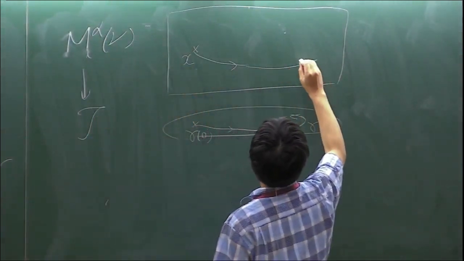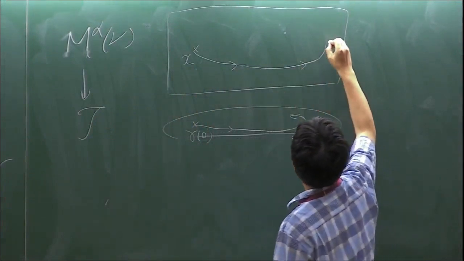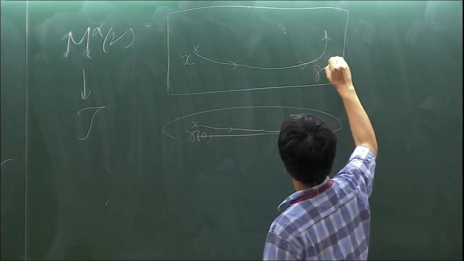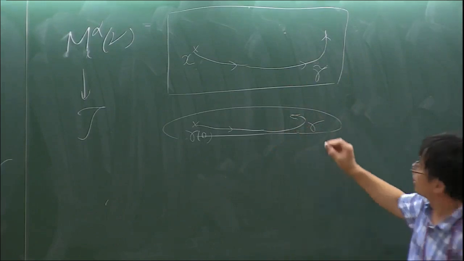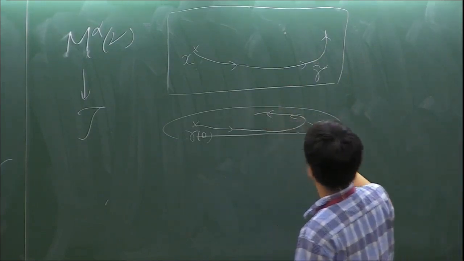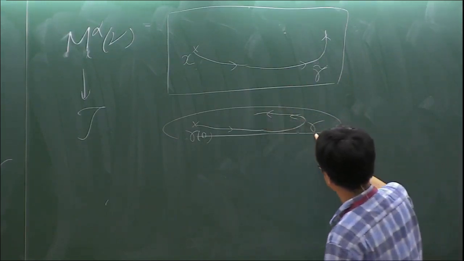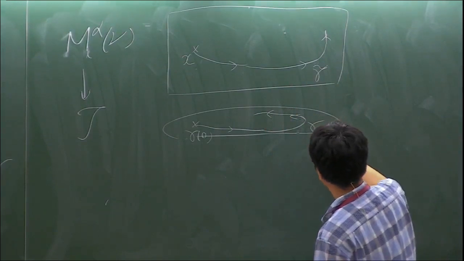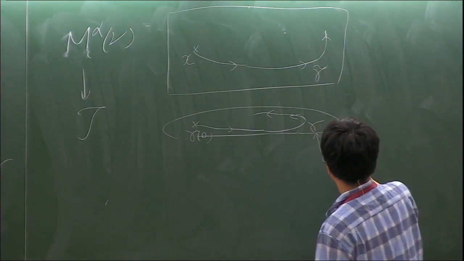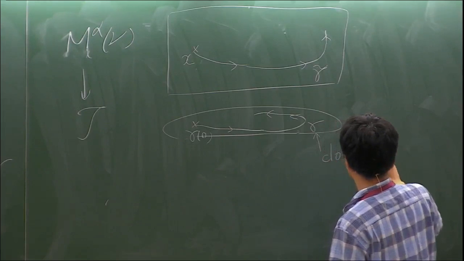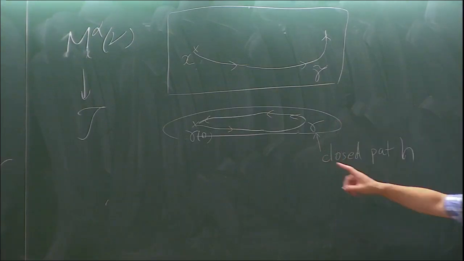If I explain in this picture, gamma tilde is a lift of the path gamma, and for simplicity, I assume that gamma is a closed path. So this comes back to the initial time gamma 0.